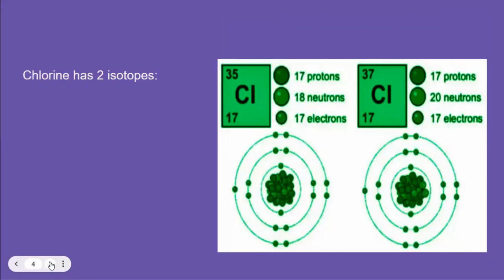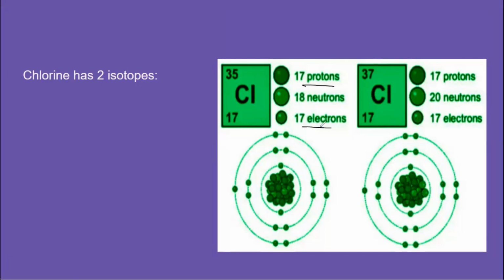The second example is chlorine. Chlorine has 2 isotopes. You can see over here. One type of chlorine particle has 17 electrons and 17 protons. Remember that the number of electrons and protons will always be the same. But the number of neutrons is 18.